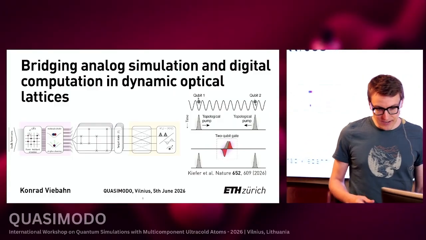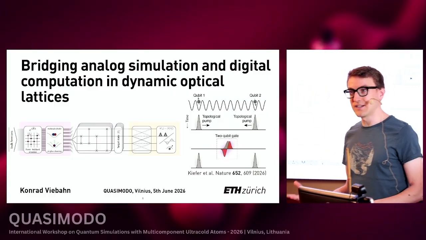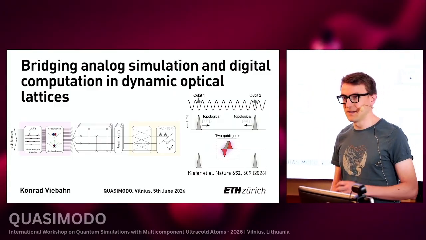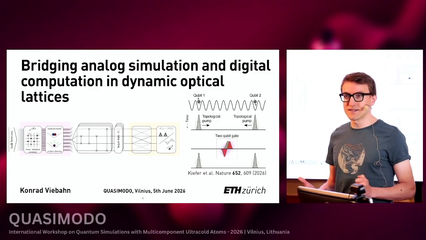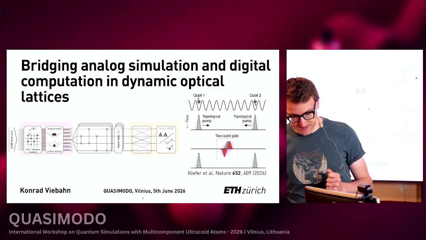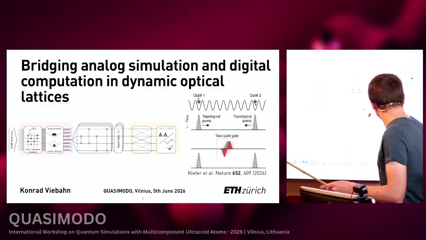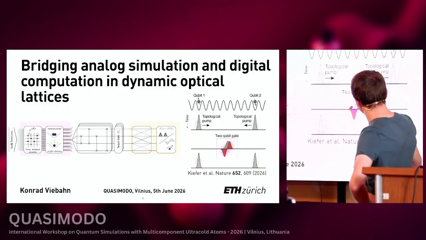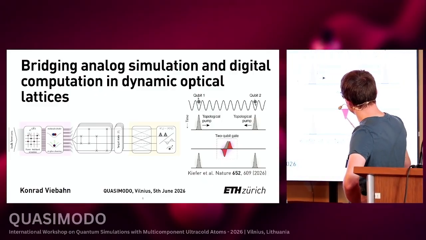In a nutshell, we've been using digital gates and digital evolution to enhance the capabilities of quantum simulation experiments. And the key novelty is the realization of very high fidelity collisional gates.